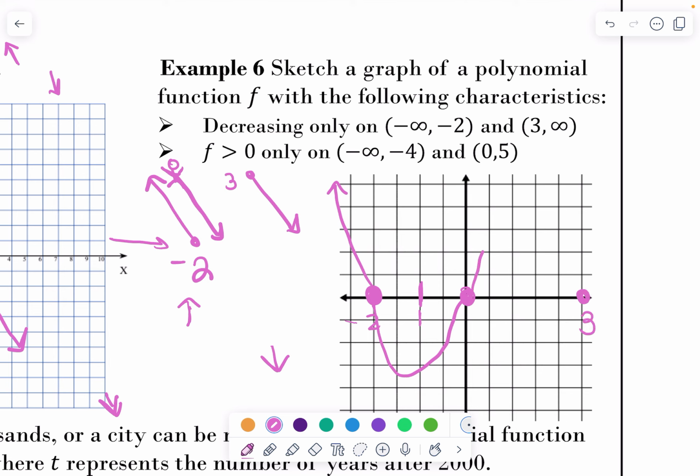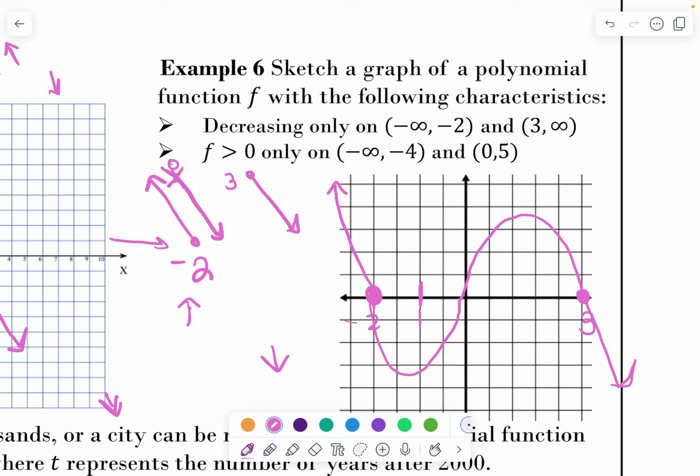So I'm going to hit somewhere up here. My pen is going haywire. Going down, crossing my origin, I'm going to go up, but then I'm going to decrease back at 3, just like so. And that's a rough estimate of sketching a graph.